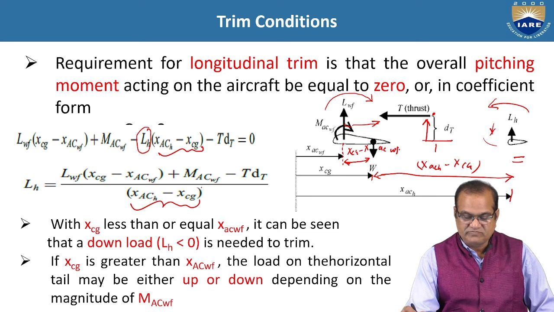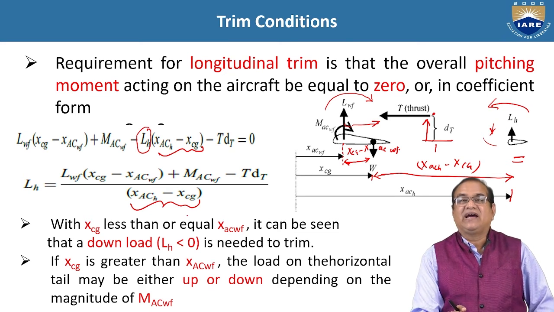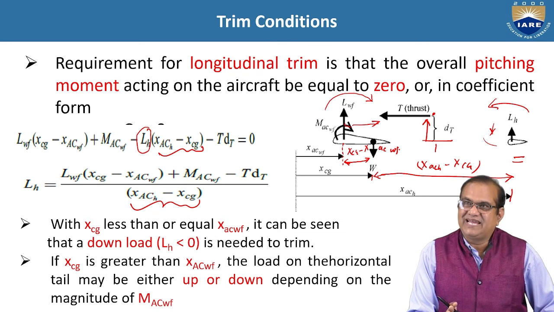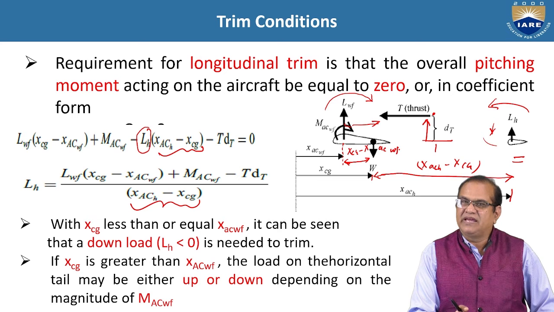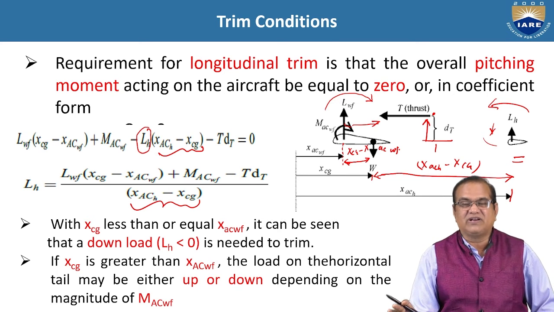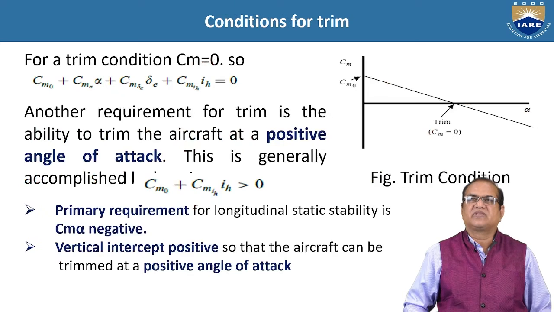So this depends upon the MACW. We can understand that this lift of the tail can be positive or negative, depending on different criteria. It is not one criterion by which we can define whether it should be positive or negative.